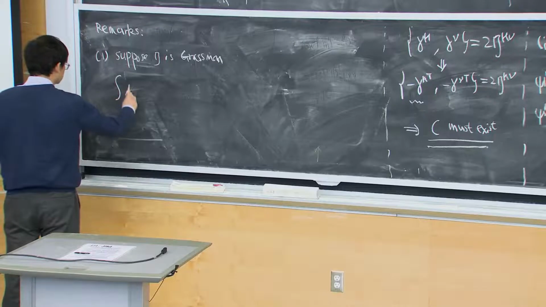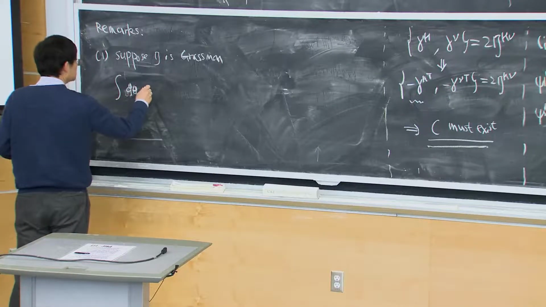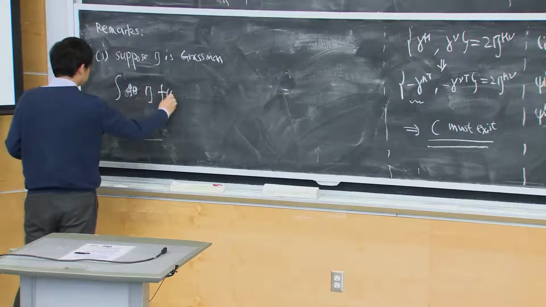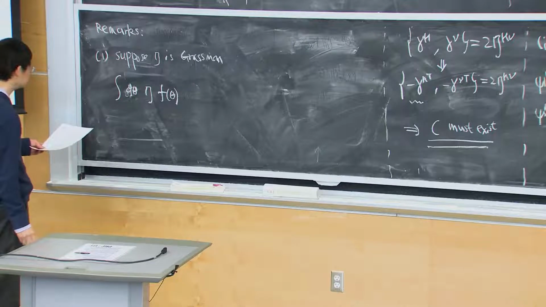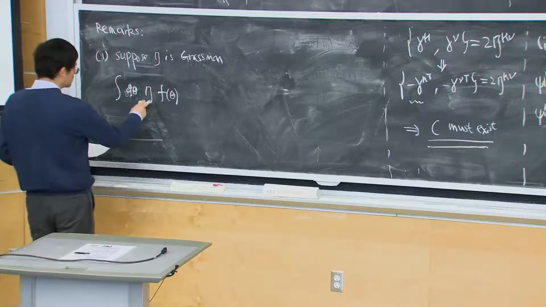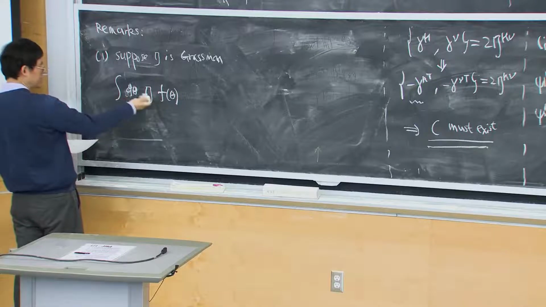Now if we put eta before f of theta, because eta has nothing to do with theta, you should be able to take it outside the integral.